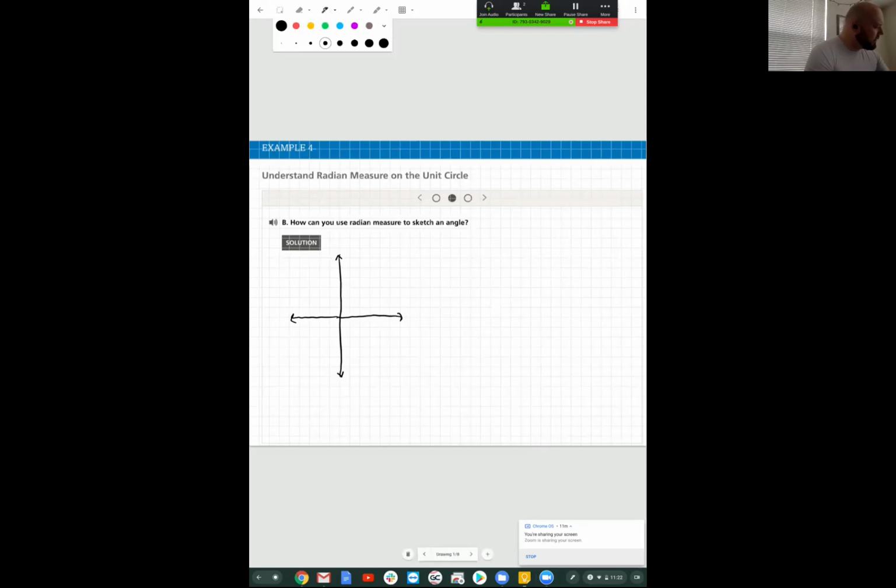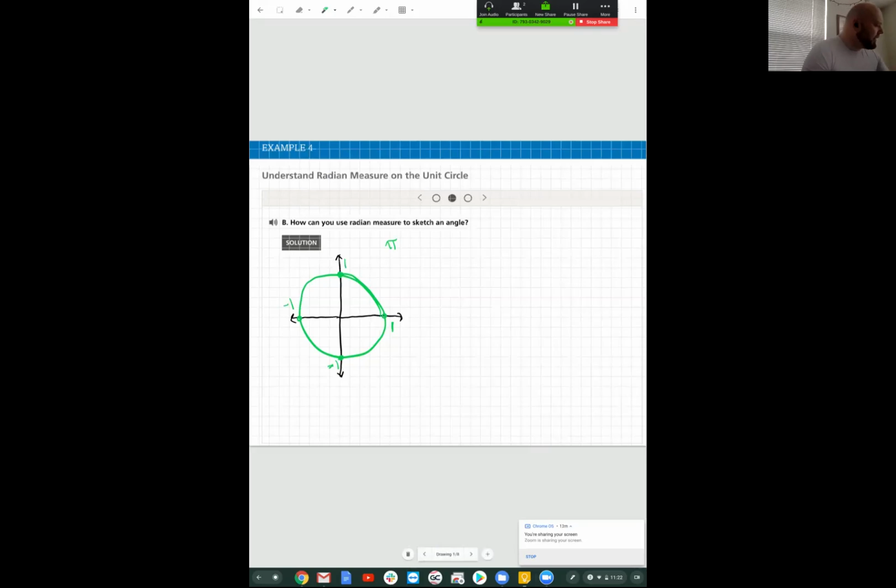Let's come up with an angle called pi. I'm going to draw a unit circle again. We're going to say this is 1, this is 1, this is -1, and this is -1.